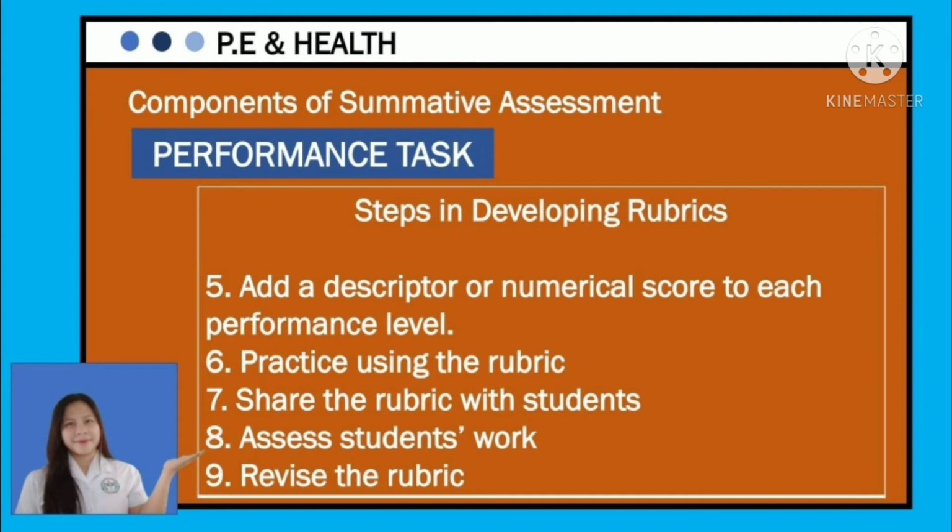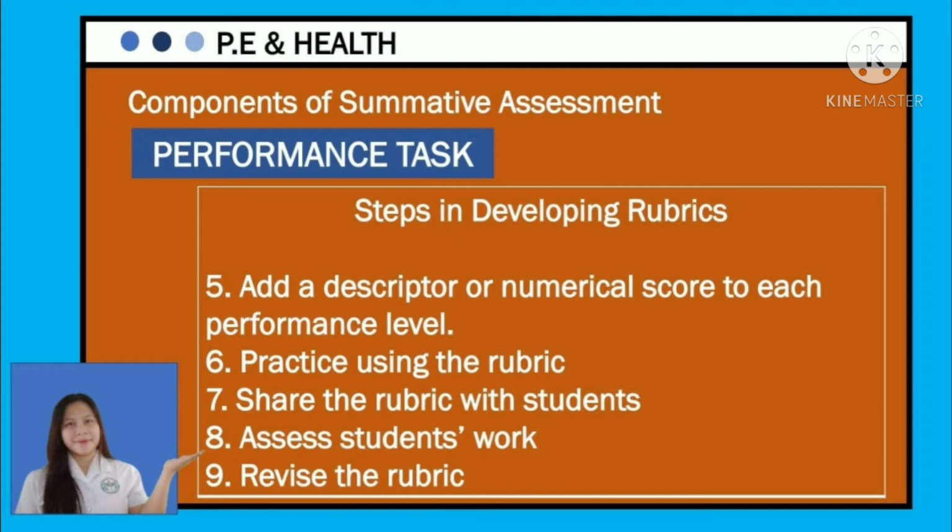Descriptors are explicit descriptions of the performance and show how the score is derived and what is expected of the students. Descriptors spell out each level of performance for each criterion and describe what performance at a particular level looks like. Number 6, practice using the rubric.